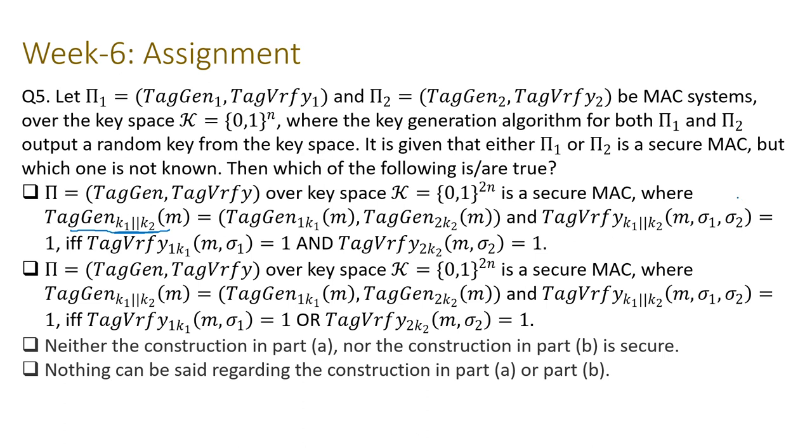So i can be 1 or 2. Now, any one of the MAC schemes pi1 and pi2 is secure. So you would like to answer whether the first one or the second one remains secure.